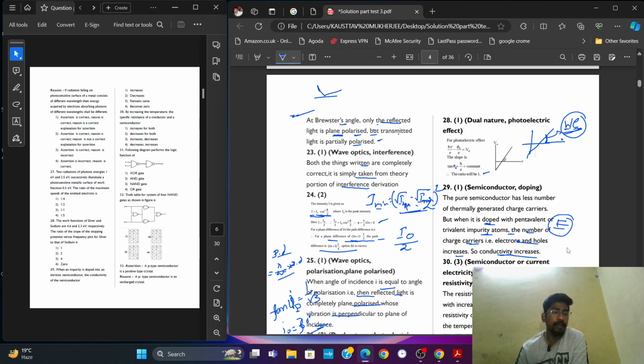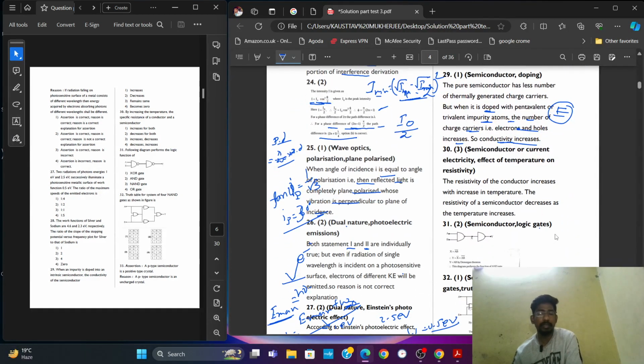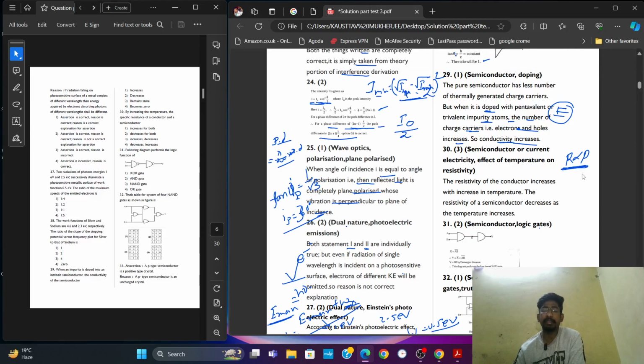Question number 30. By increasing the temperature, the specific resistance of the conductor and the semiconductor... Some conductors are known as ohmic conductors, and semiconductors are known as non-ohmic conductors. In the case of an ohmic conductor, as the temperature increases, resistance also increases.